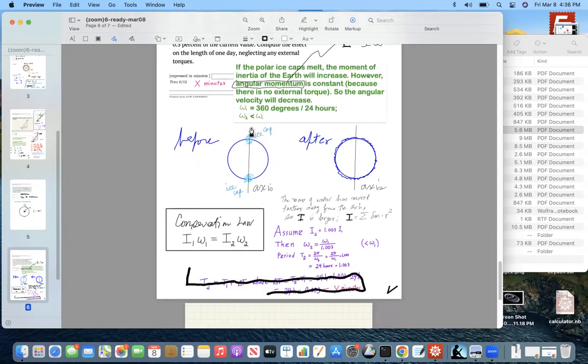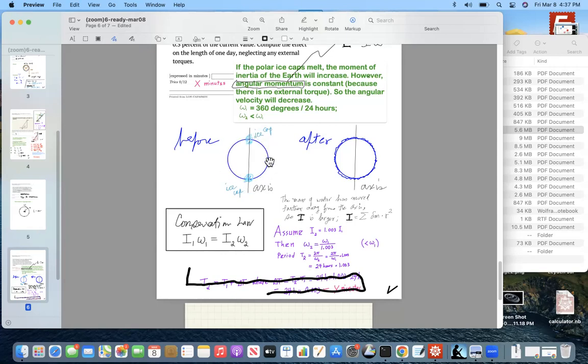So we always draw a picture. Here's a picture of the Earth with its ice caps, a northern ice cap and a southern ice cap. Suppose the ice melts. All of that water, which is in the cold regions of the Earth, in the North Pole and the South Pole, will melt and flow, because liquid water is fluid.